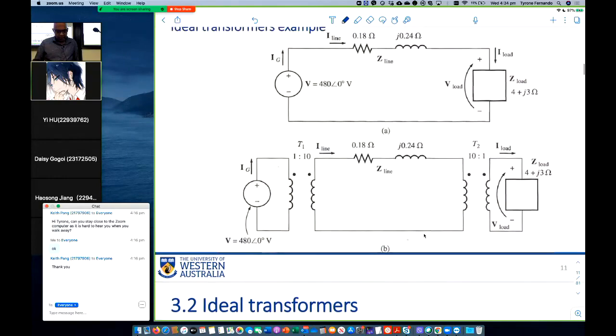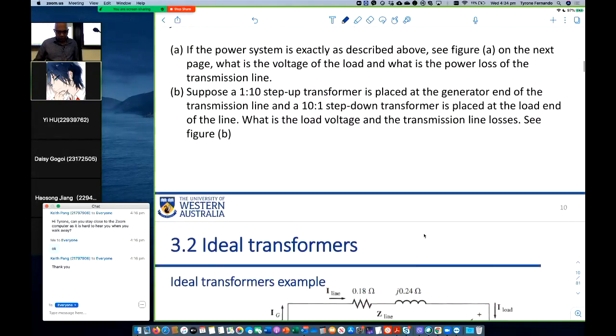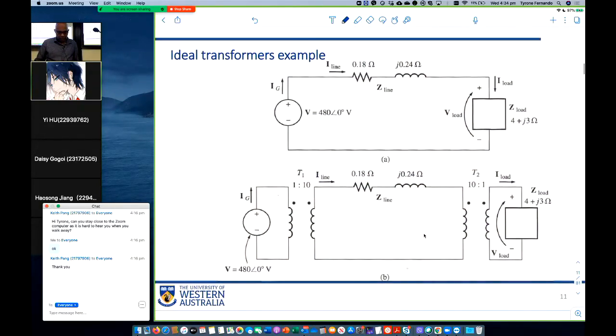So this is what we have. We actually have two transformers, right? We have a transformer on the left and another transformer on the right, and we have a transmission line connecting the two. The transformer on the left is a step-up transformer, right? That's what you do when you generate electricity, you step it up.